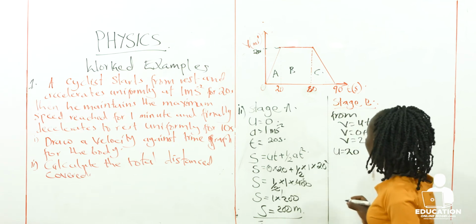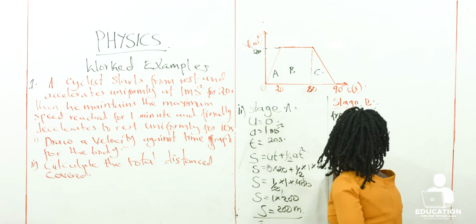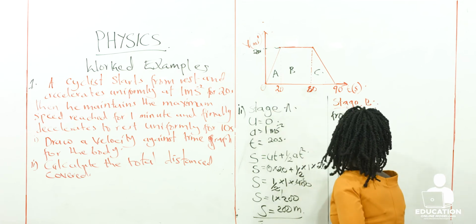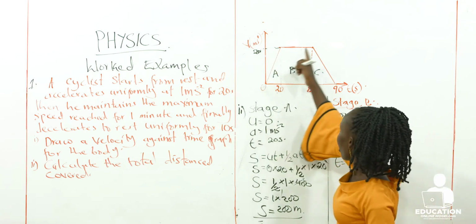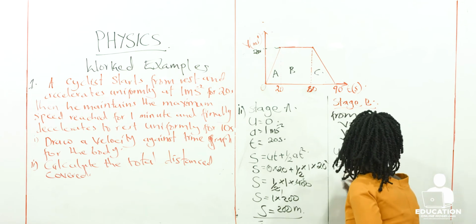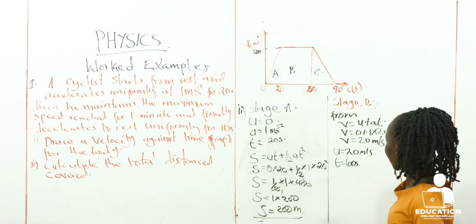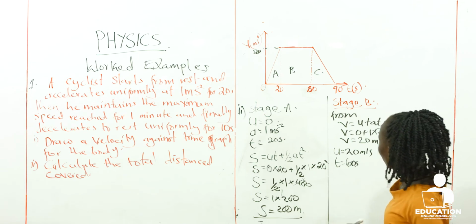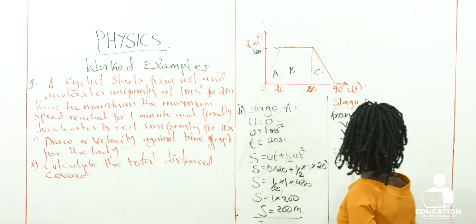And what is our time frame? You get your 80, subtract 20 from it. The value you get there becomes your time taken for the body to move from here up to that point. So that will give us 60 seconds. So if we have that, what do we need again? Do we have the acceleration of the body when it was moving there?